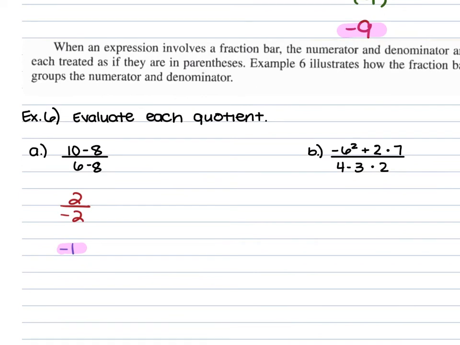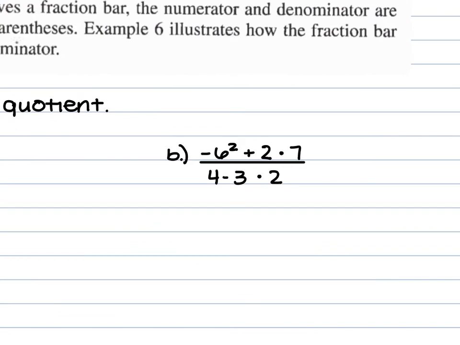For B, we have negative 6 squared plus 2 times 7, over 4 minus 3 times 2. So we're going to do the 6 squared first and apply that negative, because remember, it's the opposite of 6 squared. So that's negative 36 plus 2 times 7 over 4 minus 3 times 2. Next, we are going to do the multiplication, the 2 times 7 and the 3 times 2.